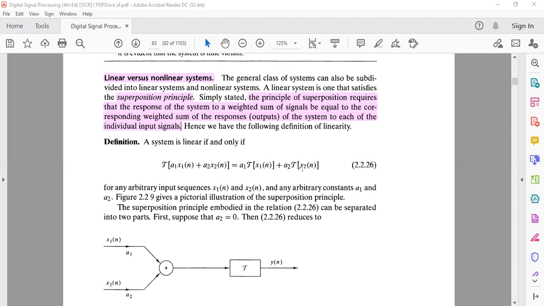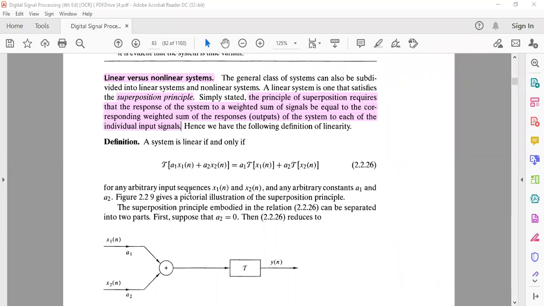If the transformation on each of these inputs can be independently represented, then we would say that the system is linear.